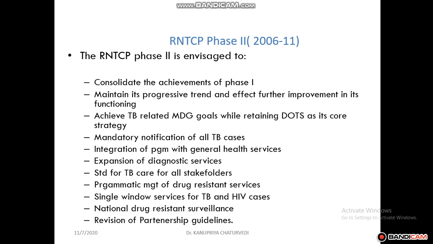That means both the ART medicine and TB medications are provided in a single area itself. There is no need for the patient to go to one center to get TB medicines and go to another center to get the HIV ART medicines. The medicines will be available for all the HIV patients with opportunistic infection as TB in a single area, and that is called single window services.